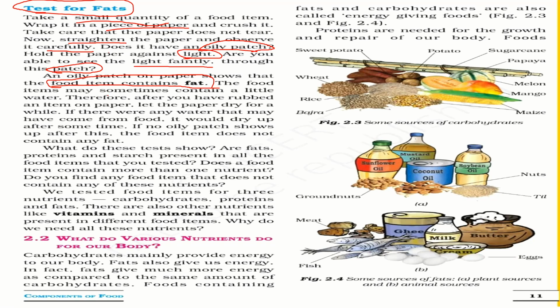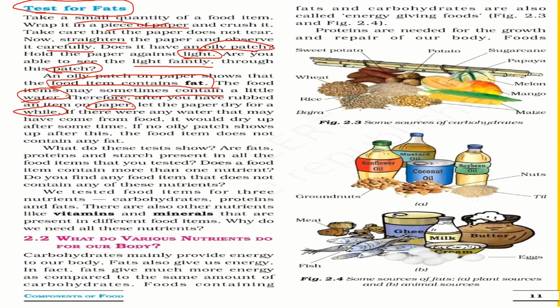Food items sometimes contain a little water. Some foods contain water also. Therefore, after you rub the food on a paper, the items which contain water will leave a wet patch on that paper. Let the paper dry for a while. Leave it for some time, because the paper absorbs the water.